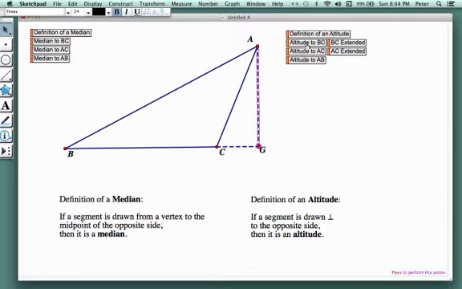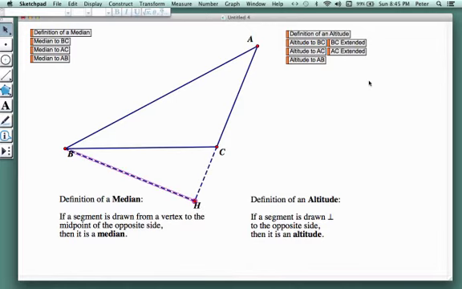The same thing we'll have to do if we're drawing the altitude from point B, because in order to draw a line perpendicular to AC, it's going to meet AC outside the triangle. So we would have to extend it to point H. Now, it's interesting to look at, of the three altitudes, two of them were outside the triangle.